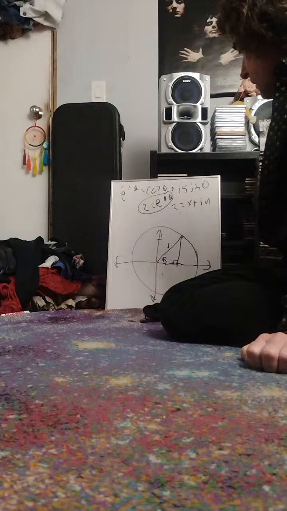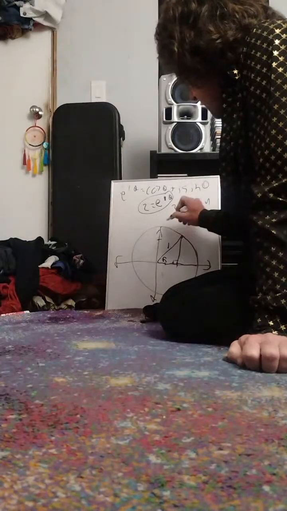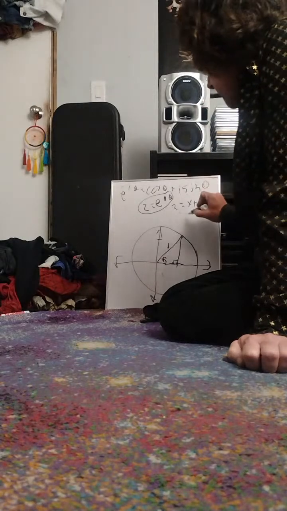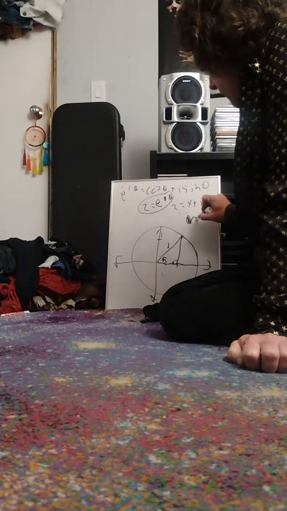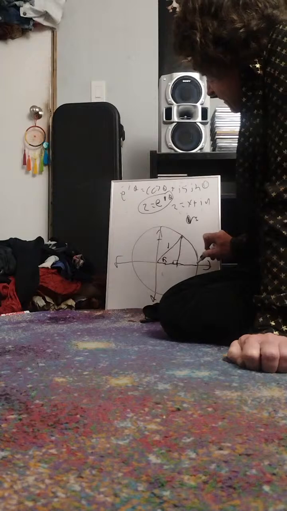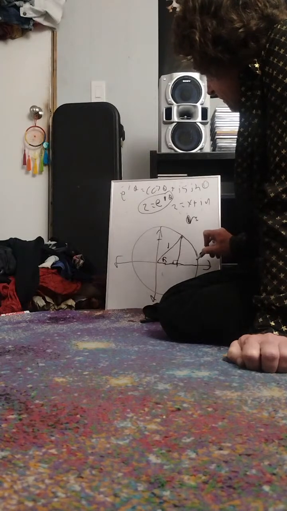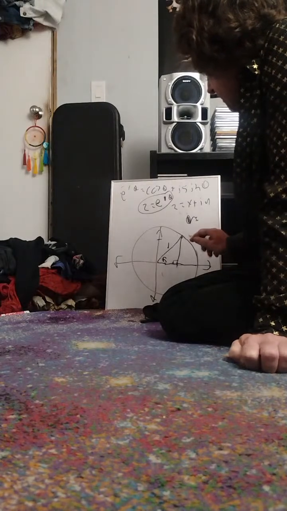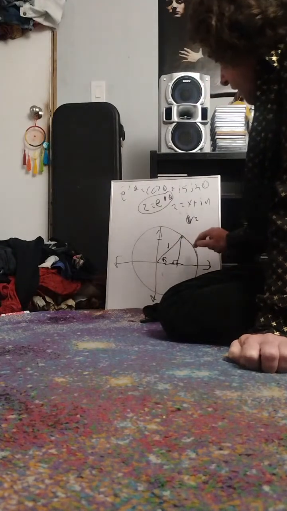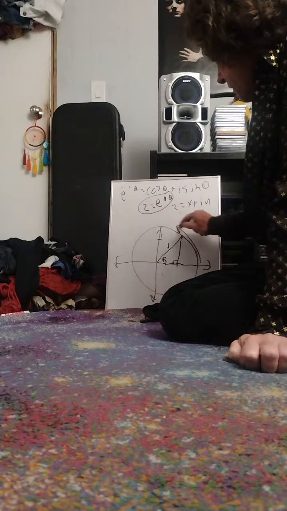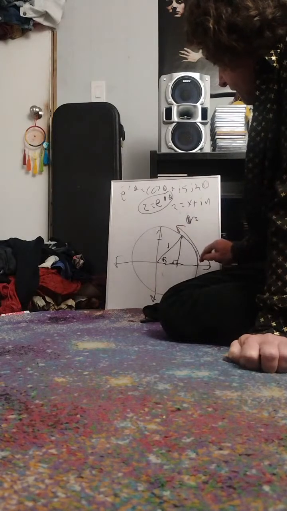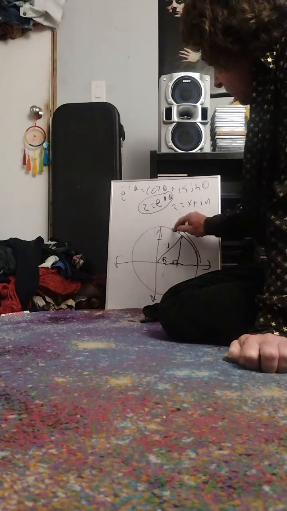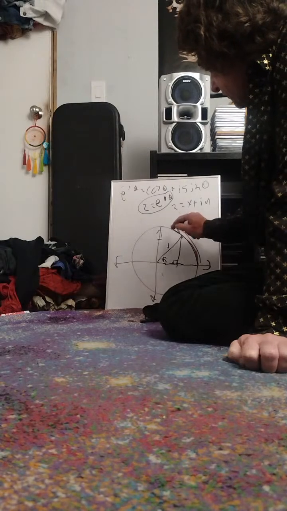And theta's in radians, which means that theta is the number of radius values made by the angle going counterclockwise starting here on the x-axis.